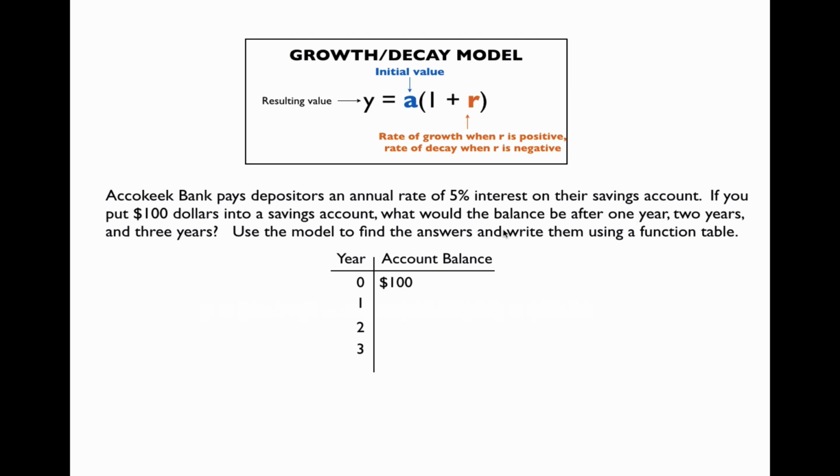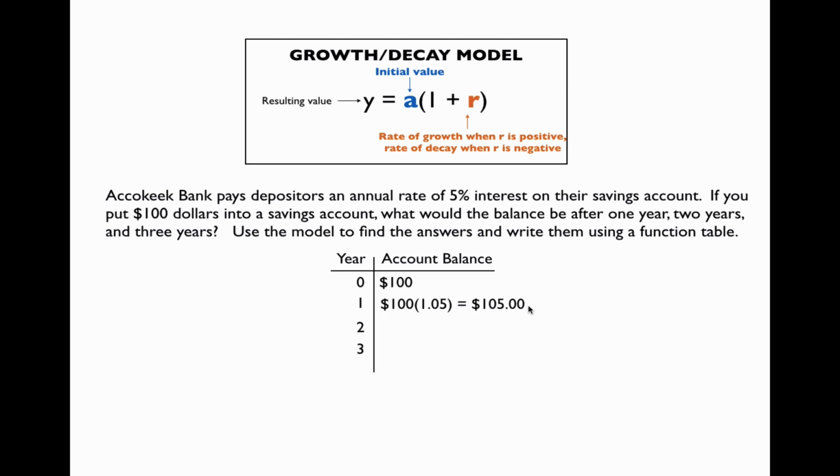Use the model to find the answers and write them using a function table. So our initial value is $100. To find the balance after 1 year, we take 100 and multiply it by 1 plus the growth rate, 5%, which would be 1.05. 100 times 1.05 equals $105. So now our balance is $105.